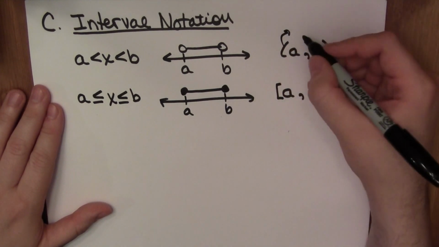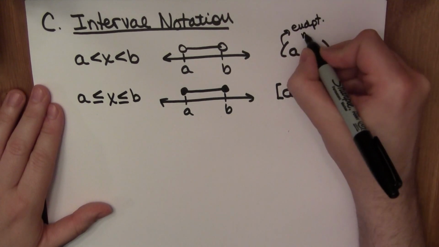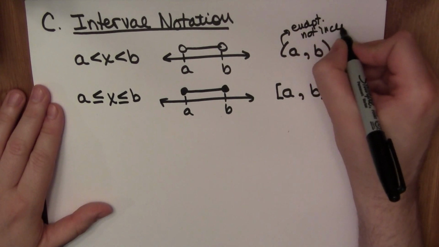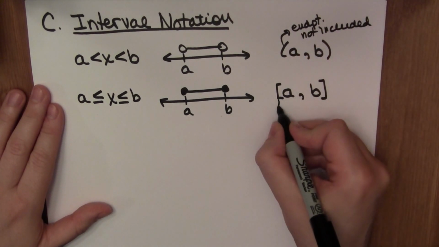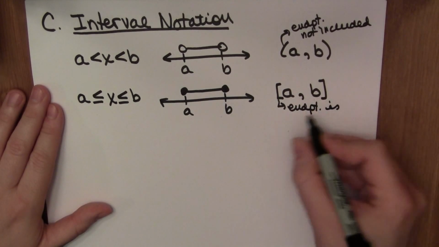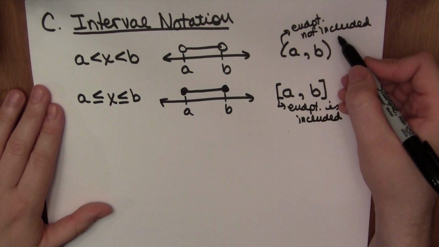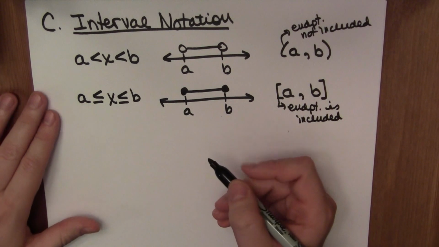Parentheses are used when the endpoints are not included, and brackets are used when the endpoint is included. Parentheses when it's not included, brackets when it is.